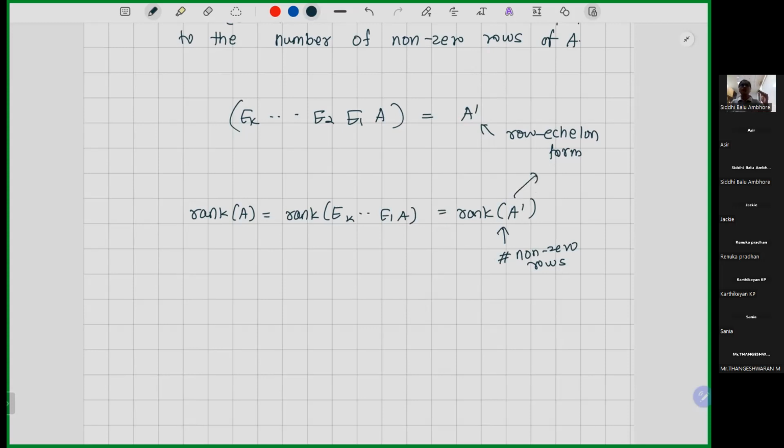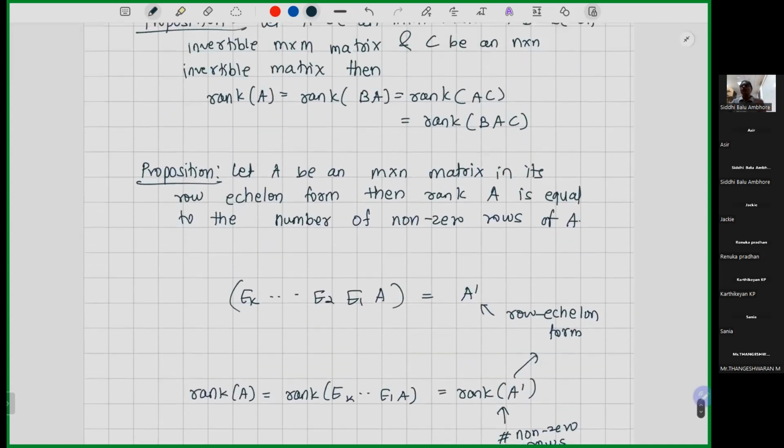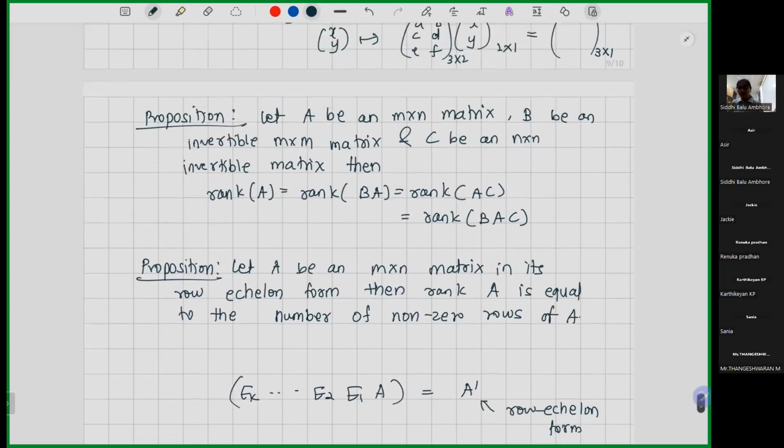Are you understanding what we are doing? It is not by default that we just apply row operations, get a matrix in row echelon form. In the background, when we find a rank by applying row transformations and counting the number of non-zero rows, these two propositions are playing the role.